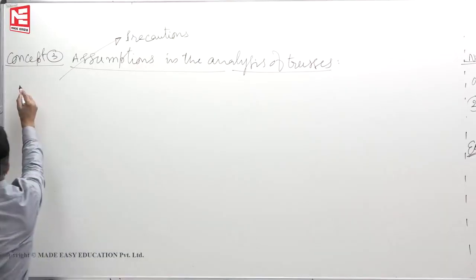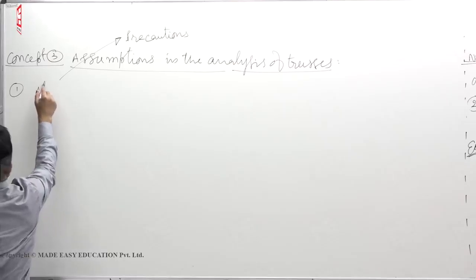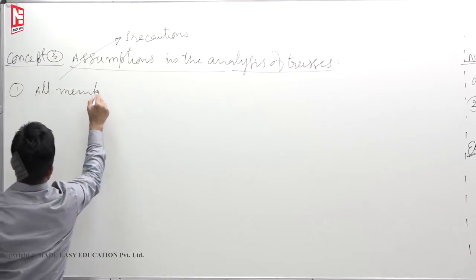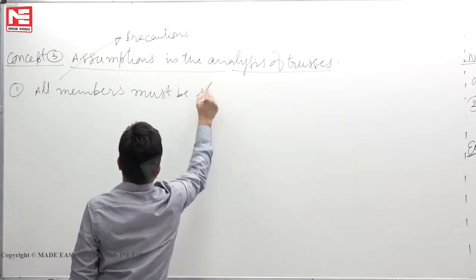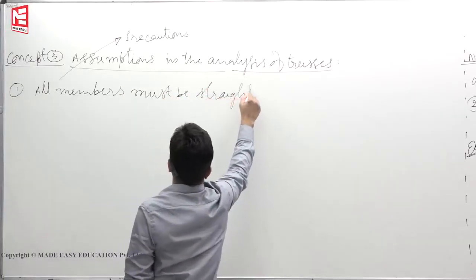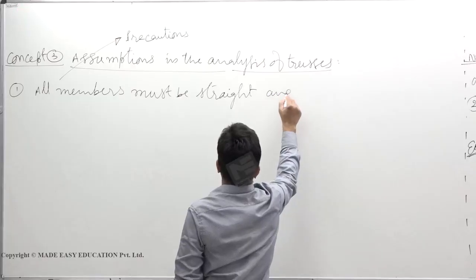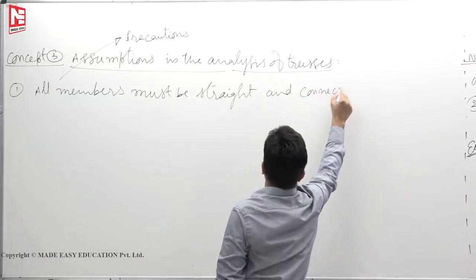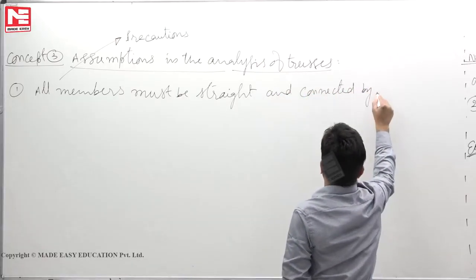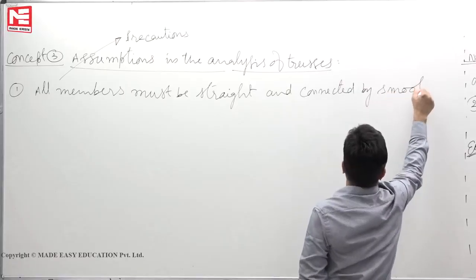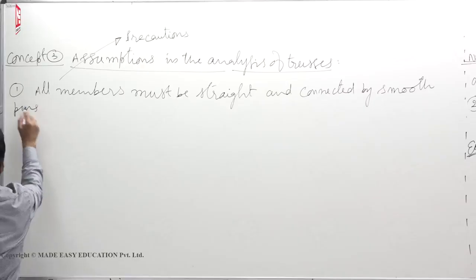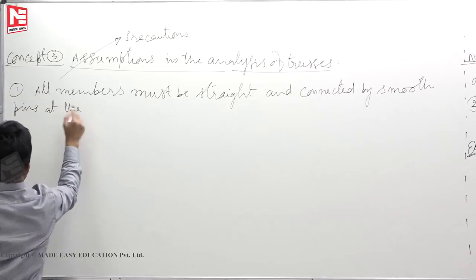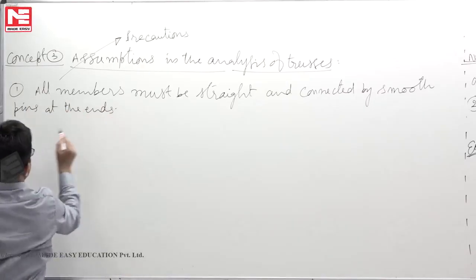First one is all members must be straight and connected by smooth pins at the ends.